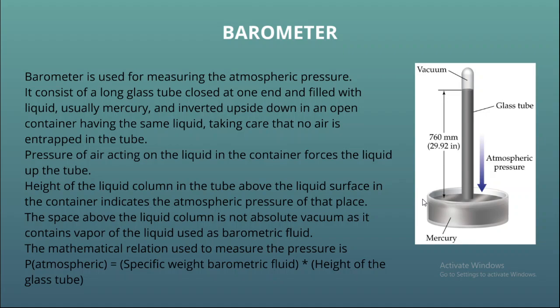But mercury, as we know, has a vapor pressure of approximately 0, so that's why it is used as a gauge fluid so often.